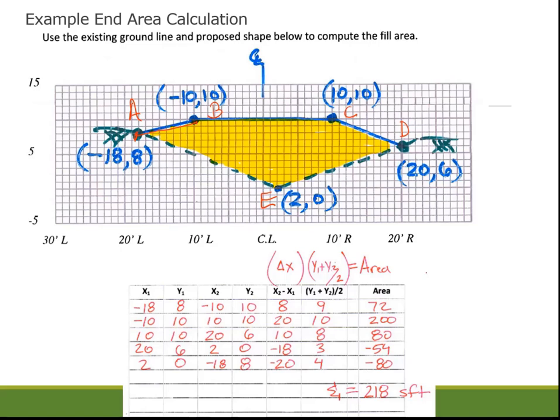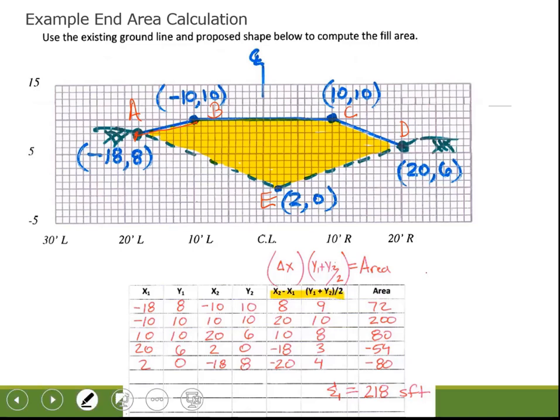So my difference in x's would be negative 10 minus negative 18, which is a positive 8. From there, my y average would be 8 plus 10, that's 18, divided by 2. The average is 9.